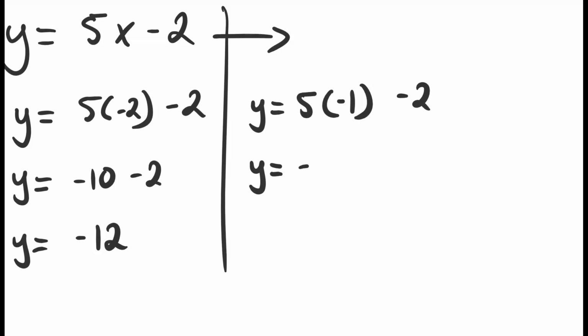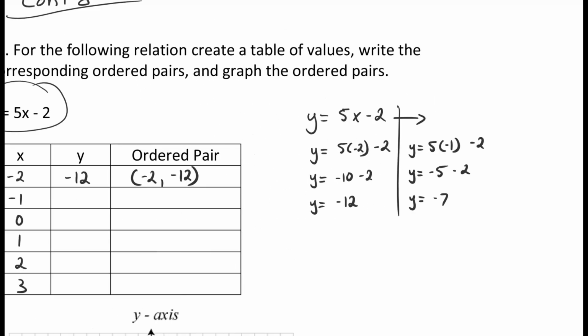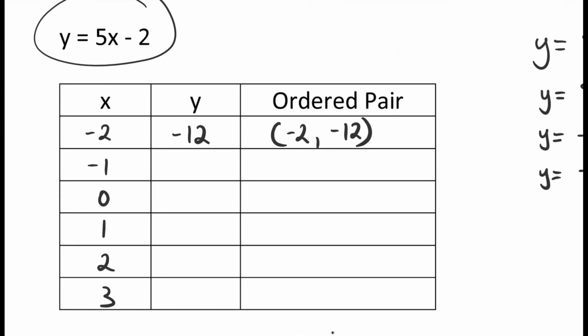Y equals negative 5, subtract 2. Y equals negative 7. So move over. When we had x as negative 1, y was negative 7. X is written first, y is written second.